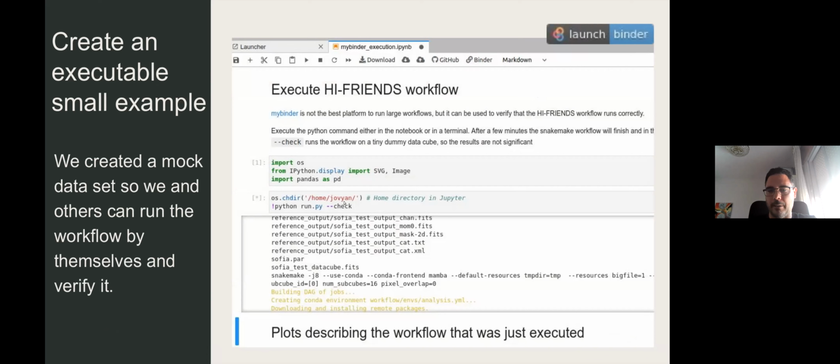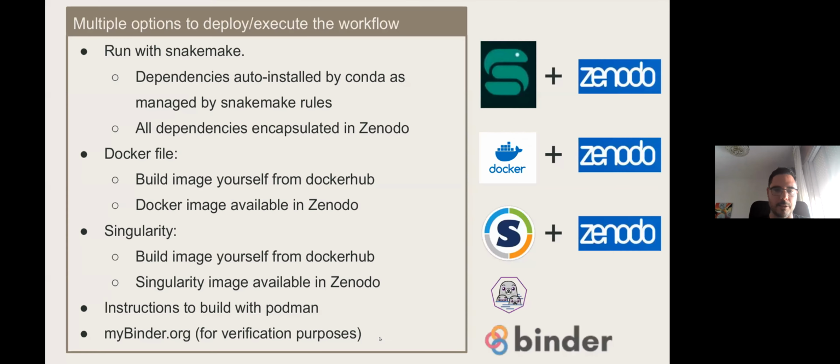And with just one command, in a few minutes, in a very low resource virtual machine, you can download this test data cube and execute the Snakemake command. So it's executed automatically. You can download and install all dependencies. That takes a few minutes, and you see it in action on this data set. The results are not very exciting, of course. It's a very small data set, but you can see the whole process happening in Binder, and also the plots describing the workflow that was just executed.